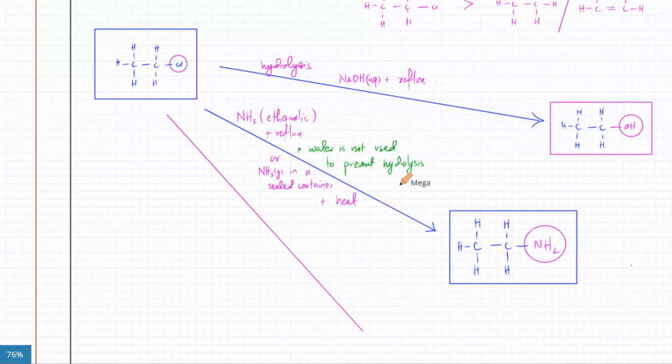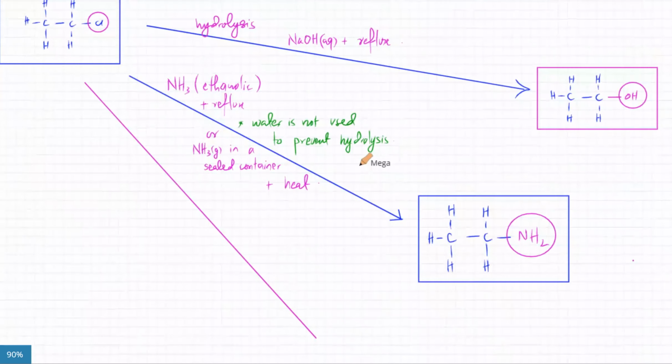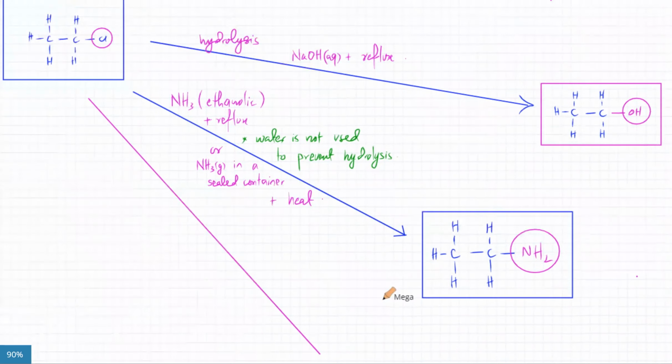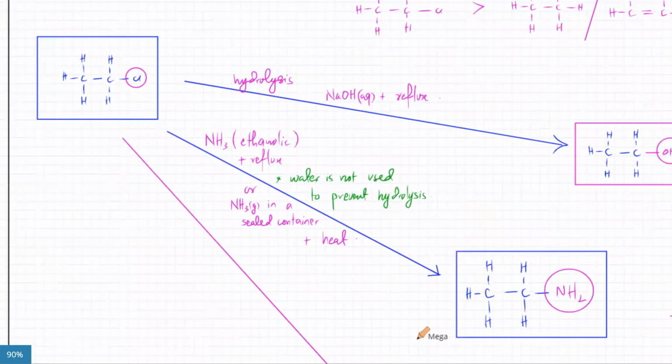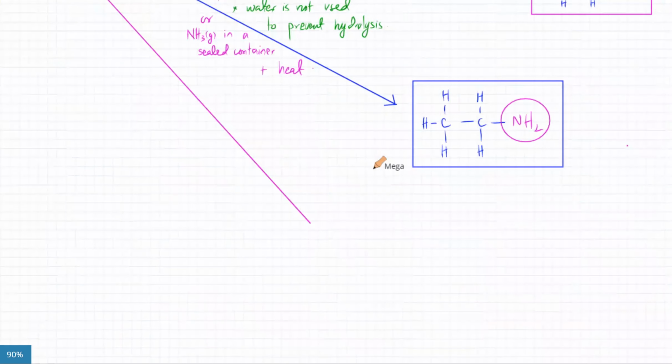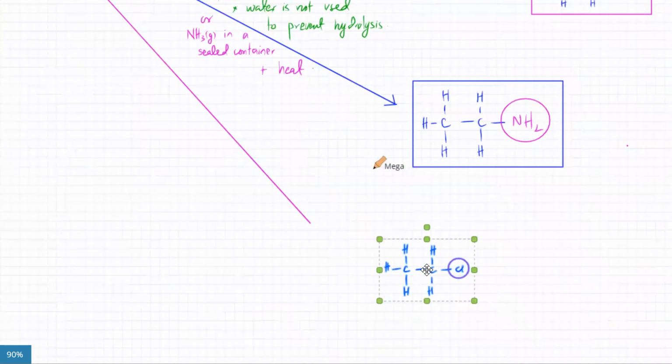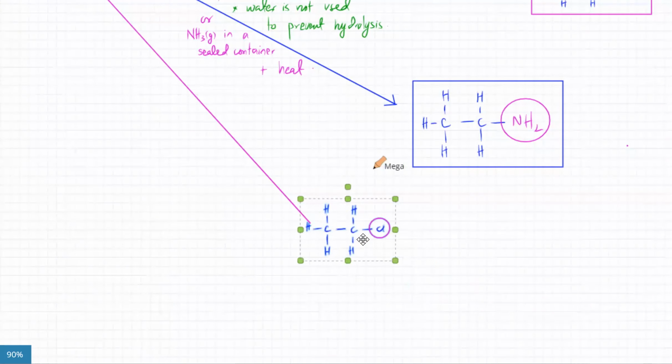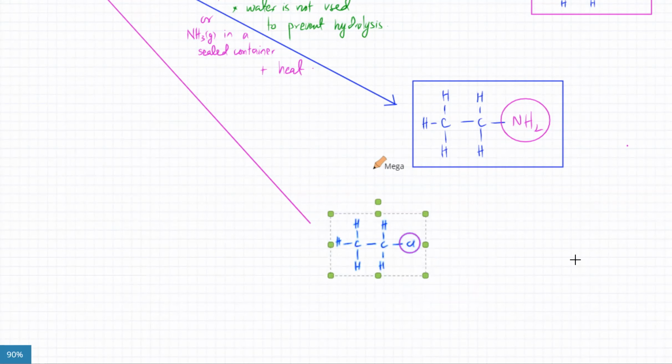Now this other reaction is where the Cl gets replaced by CN. So you've got a Cl again and it gets replaced by a CN.